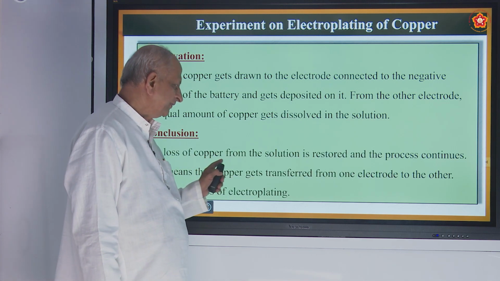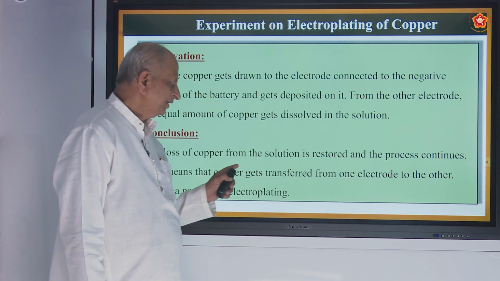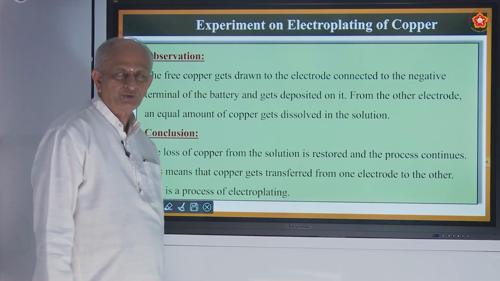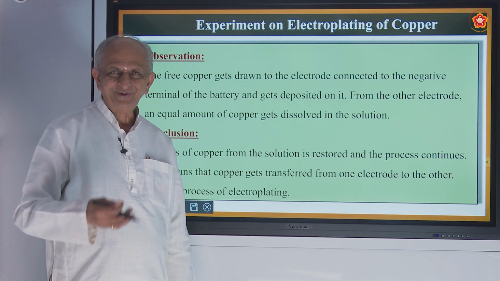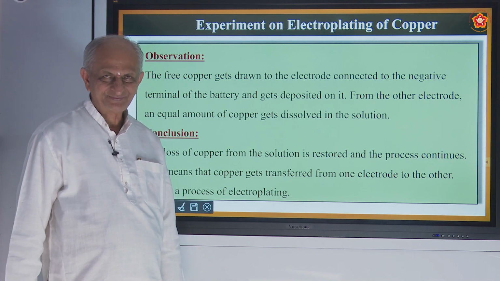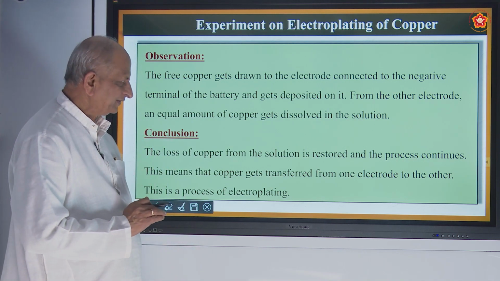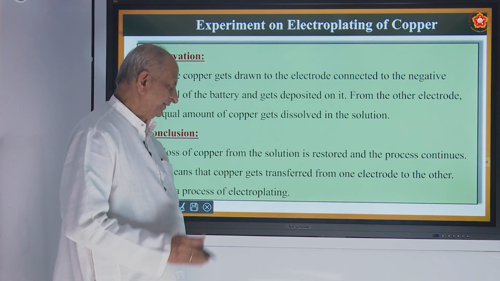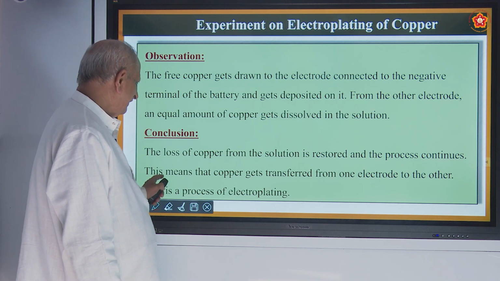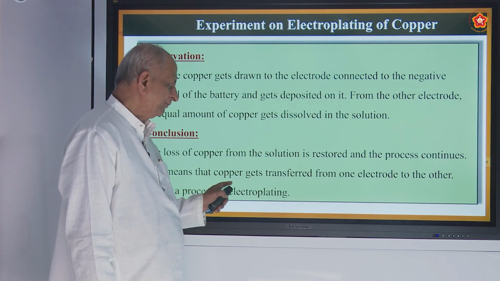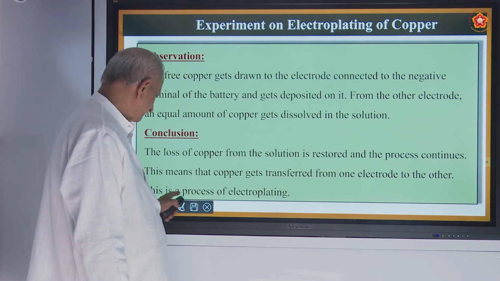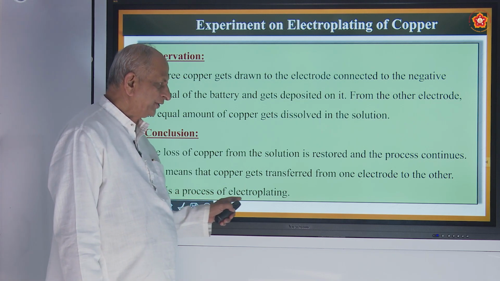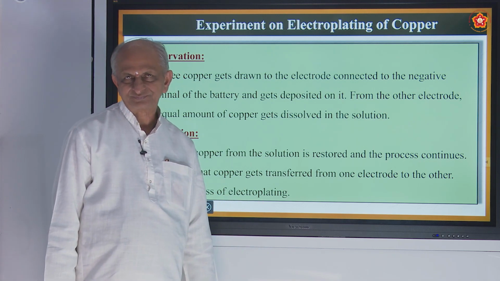Loss of copper from the solution is restored and the process continues. So it will be balanced. Positive ions are copper, negative ions are sulfate. This means that copper gets transferred from one electrode to the other. This is the process of electroplating.